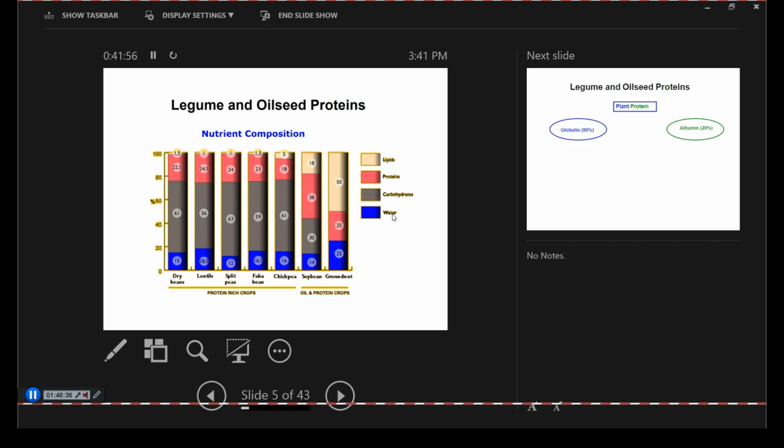Whereas the oilseed crops, looking at soybean in particular, have lower carbohydrate, mostly fiber and small sugars. And then a lot of protein, about 40% on average depending on variety, and quite a bit of oil or fat content.